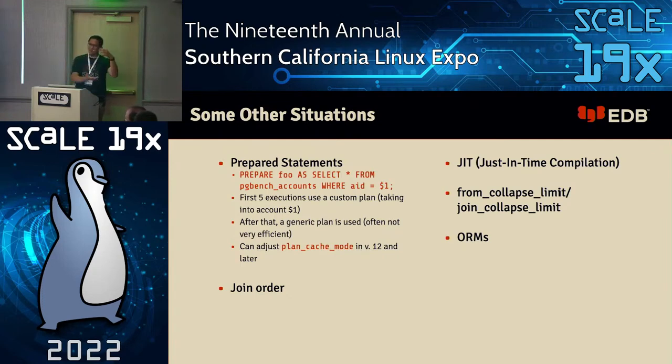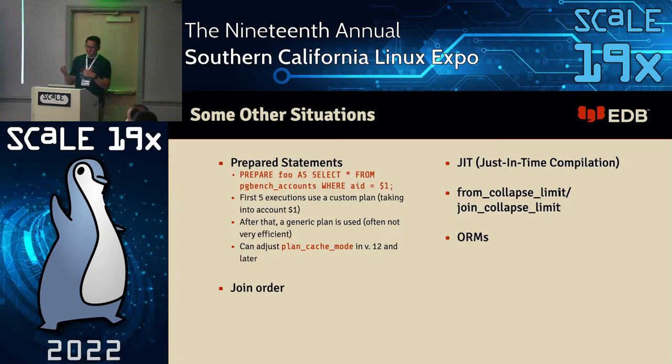Now, again, planning takes time, right? And if you're going to call multiple times, you don't want to incur that cost of planning. So what Postgres does is create a generic plan on the sixth try, and then use that one.